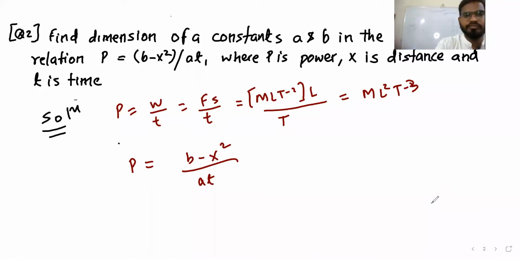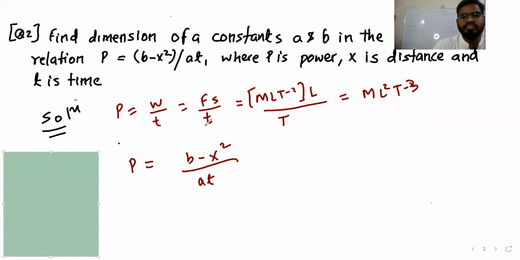Yes. So let's find the dimension of what? Dimension of B minus x square, right? So B minus x square means B and x square dimension should be the same. It can be subtracted and added only with the same dimension, right?